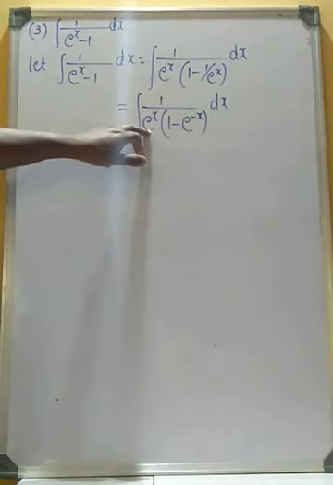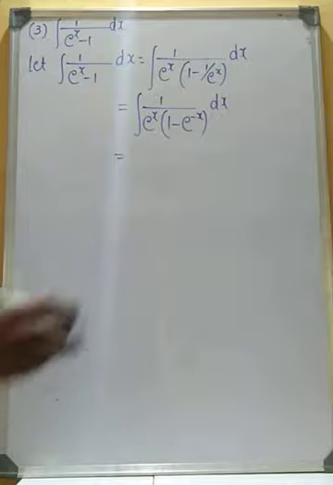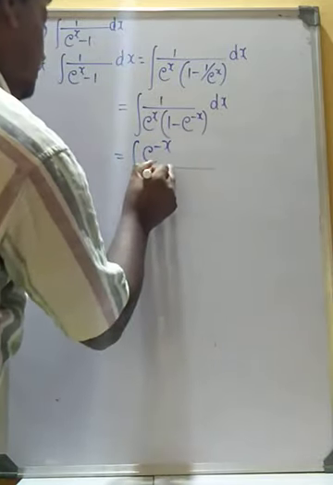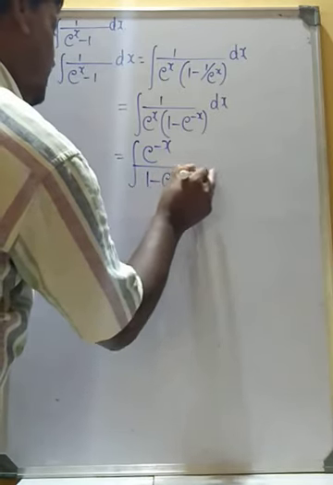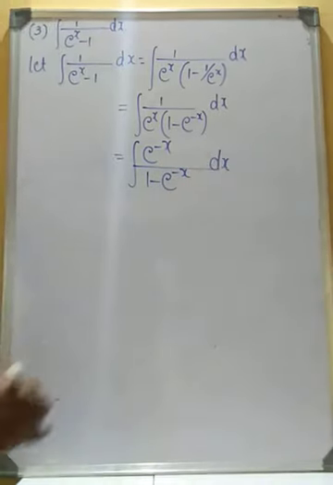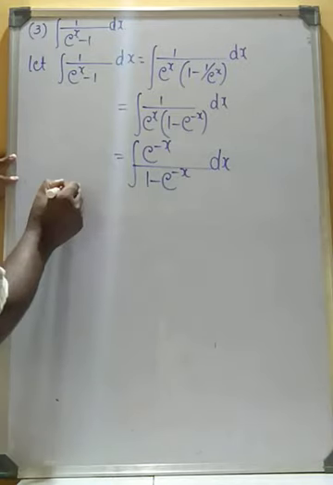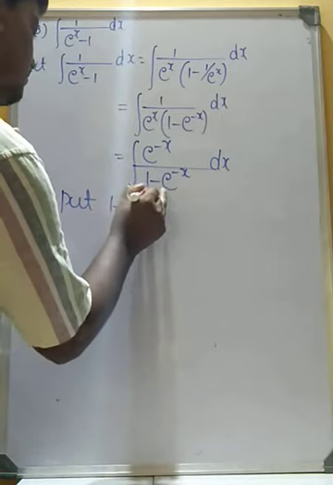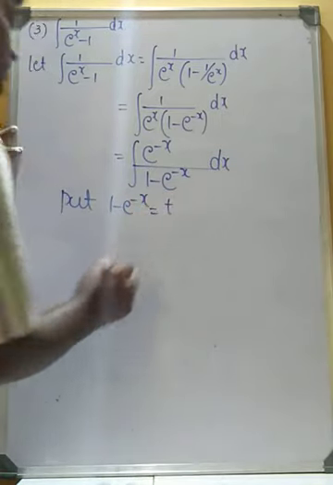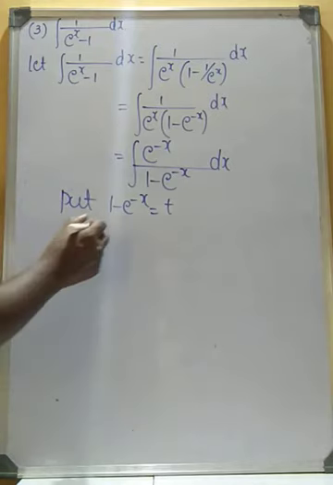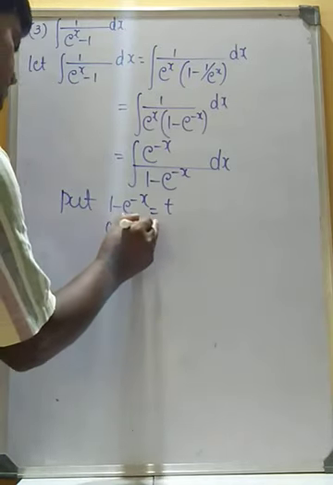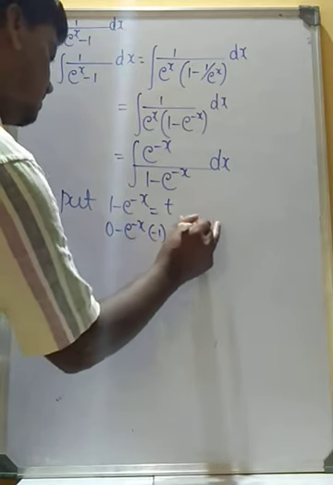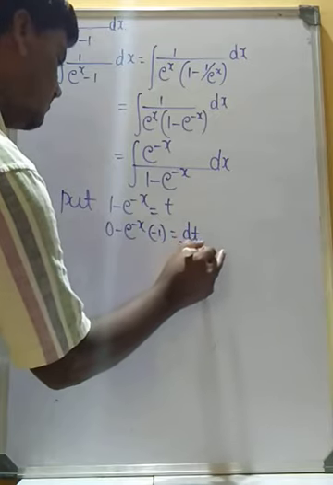The e power plus x goes to the numerator, that becomes e power minus x, dividing by 1 minus e power minus x into dx. Now put 1 minus e power minus x equal to t, and differentiate with respect to x: 0 minus e power minus x into minus 1 equals dt by dx.